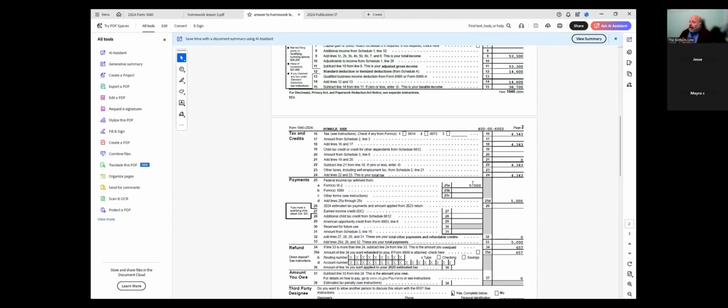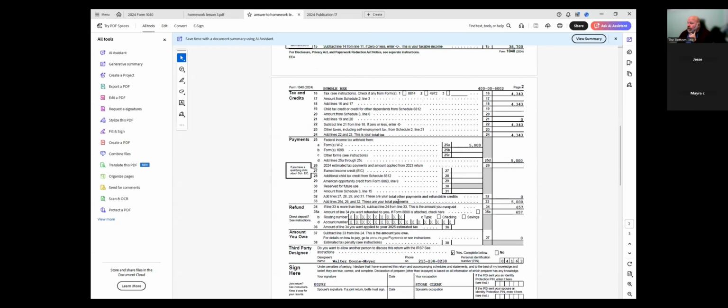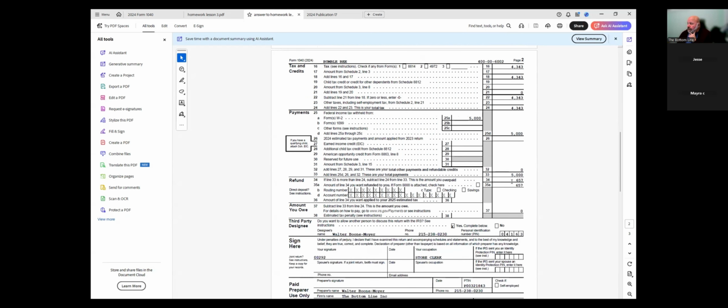We don't reconcile Social Security or Medicare tax unless the employer withheld incorrectly. This employer withheld correctly, so the Social Security and Medicare tax do not get reported on the federal 1040 return. So he has a refund of $657.